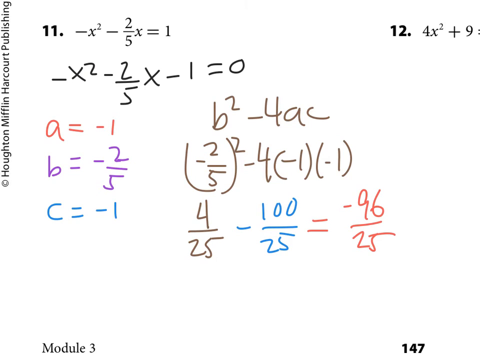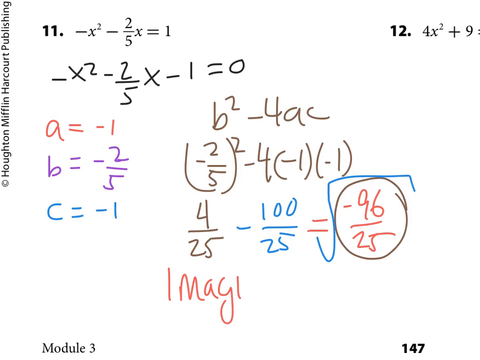Now, it doesn't really matter what the fraction is. The key is that this is a negative number. And we know from before this would have been underneath a radical symbol. So already we know we have imaginary roots. And there will be two of them because you have an actual number there.